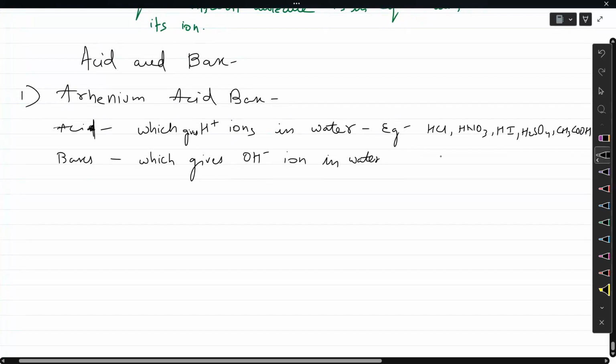The H plus ion will react further with H2O to give H3O plus, but these are H plus ion givers. Base examples are NaOH, the most popular one, KOH, NH4OH, calcium hydroxide. Can you see these all have OH with them? So they will give OH minus ion in water.